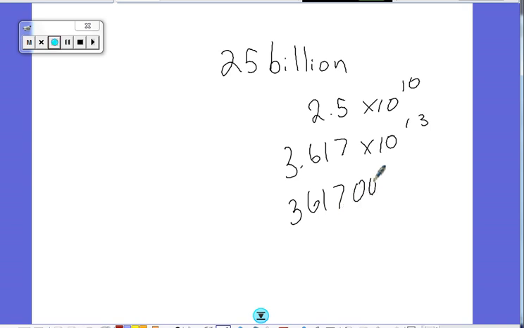Let's see. 1, 2, 3, 4, 5, 6, 7, 8, 9, 10. Let's check. Can you say it? Yes. It's 36 trillion 170 billion. Correct. Good.